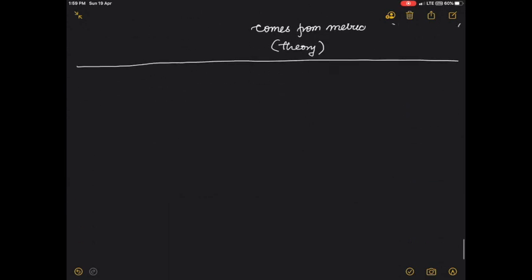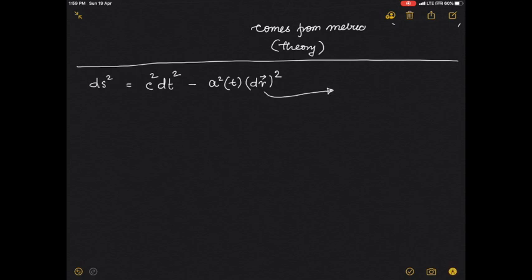So let me write it here. This is essentially the entire FLRW metric.